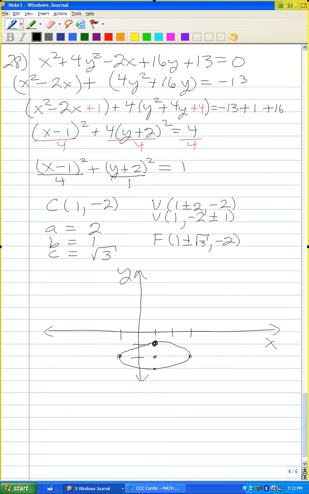Good enough. I'm not really very good at drawing that. And the foci will be along the x. So 1 plus radical 3, which is almost 2. So here are my foci. So here are the vertices, the center, and the foci, given by, obviously, these coordinates.